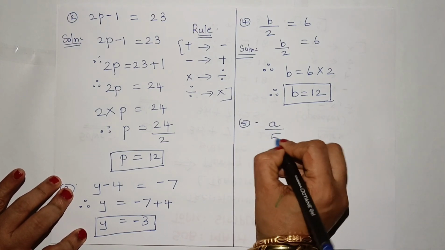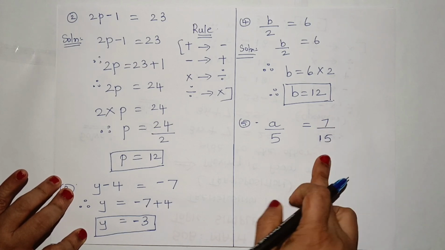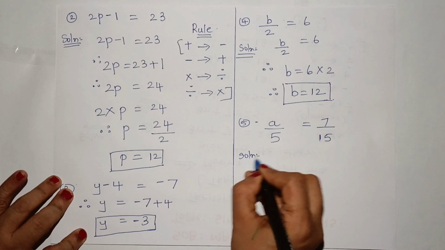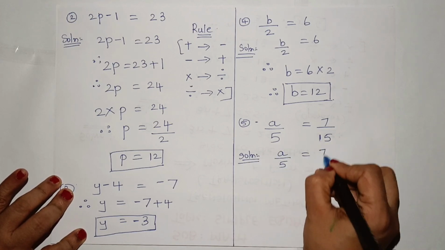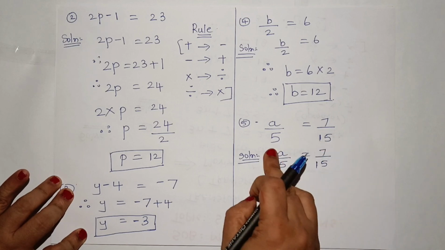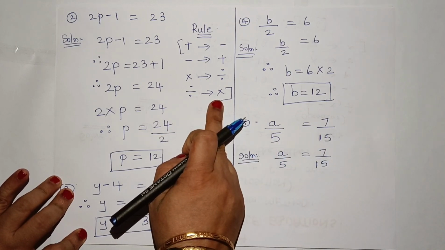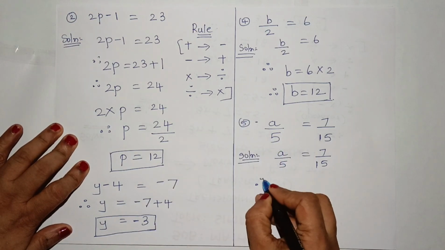a by 5 equals 7 by 15. 7 by 15 is a proper fraction. Now write down the solution. Find the value of only a. So it means you have to shift this 5 to RHS. It is divide. So divide, when you shift to RHS, becomes multiplication.